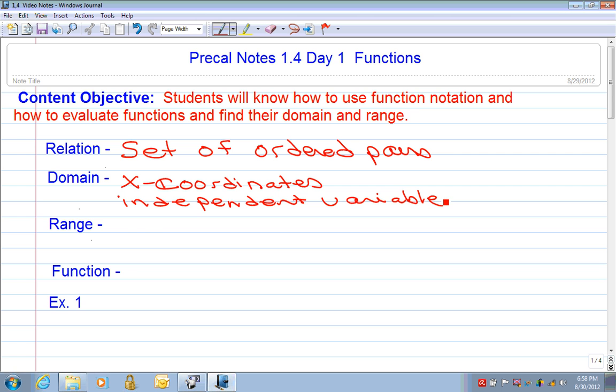The range of a relation is the y coordinates, and if it's a function, then the range is the dependent variable.